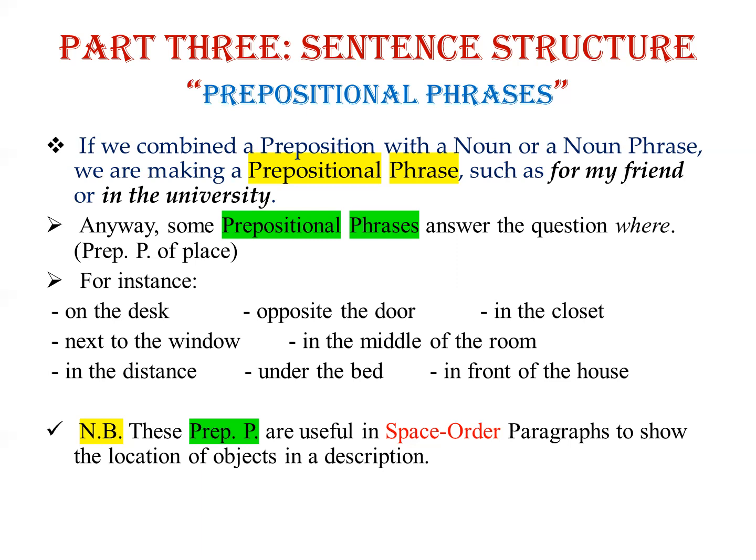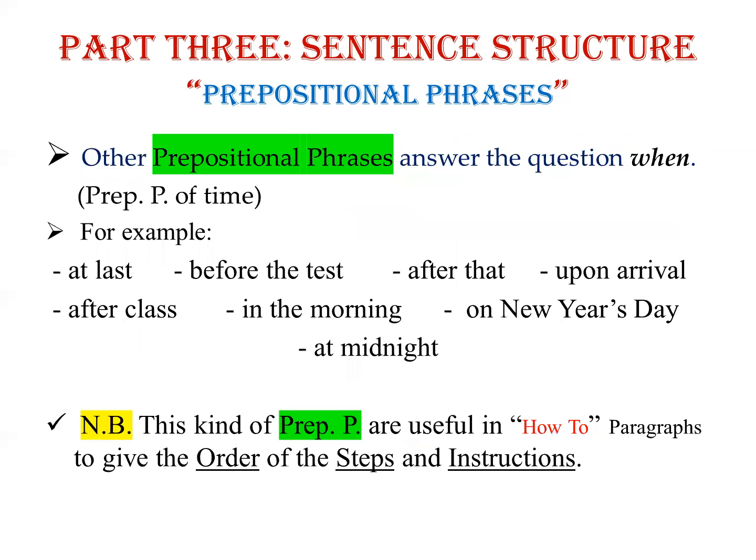The second kind of prepositional phrases answer the question when, they tell you the time. Prepositional phrases of time, for example: at last, before the test. When should I do my revision? Before the test. So the time is before the test.